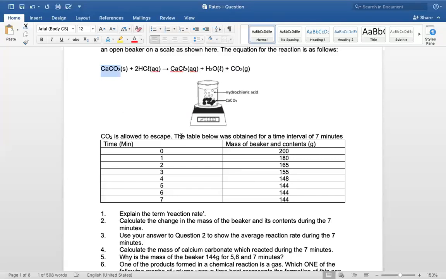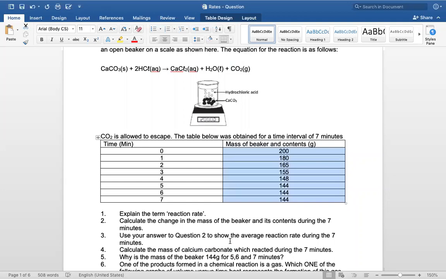So how do you do that sum? What do we have? We've got carbon dioxide, and we worked out in the sum before the mass of the carbon dioxide. So can we work out the number of moles of carbon dioxide that was released? Number of moles is equal to actual mass over molar mass.